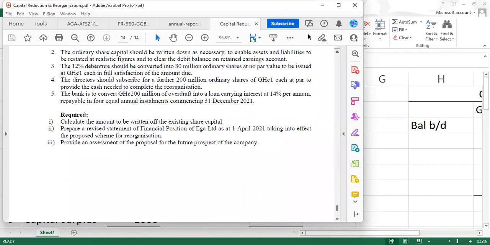Tomorrow's class, will it be a combined class? The first class was a combined class for FR, but tomorrow it's only for CR.